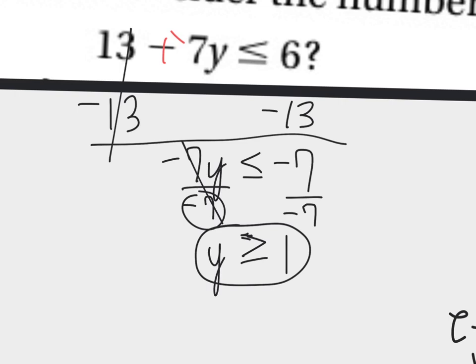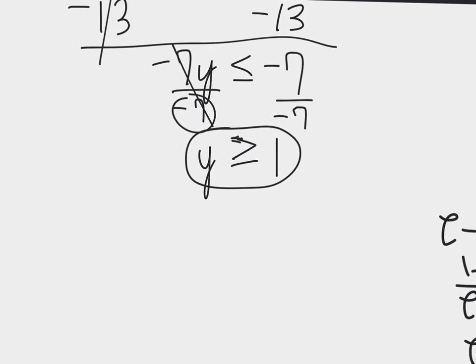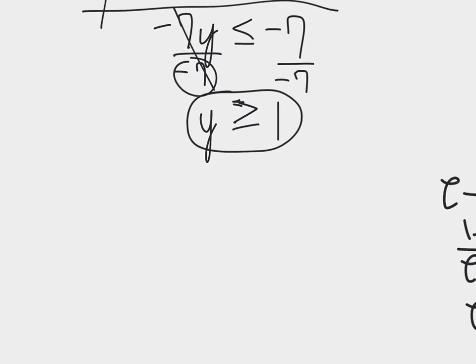Again, the advantage of doing that is I'm substituting 4 numbers now to see if they work or not. We could graph this on a number line if you want, or you can just substitute the numbers in at this point and see if they work or not. So the first thing we're trying is -1. Is -1 greater than or equal to 1? No. Second one we're trying is 0.